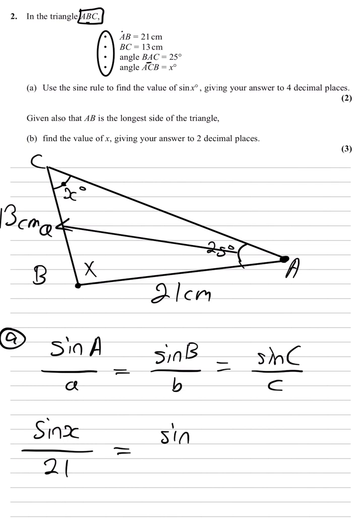Equals sine A, which is sine 25 over 30. And through just simple multiplication, we're going to multiply this side by 21, and multiply this side by 21.